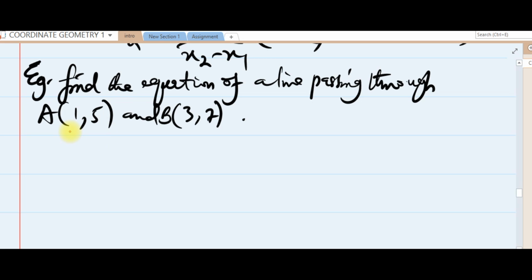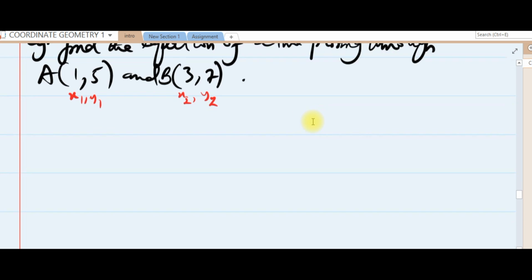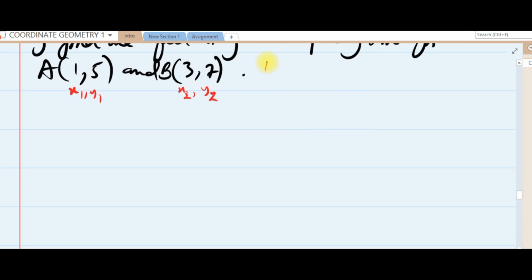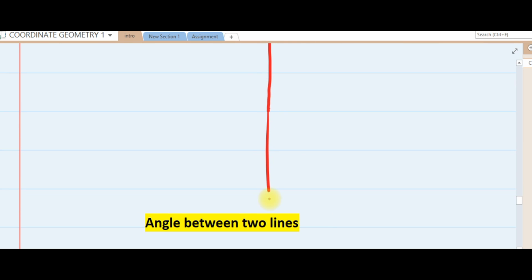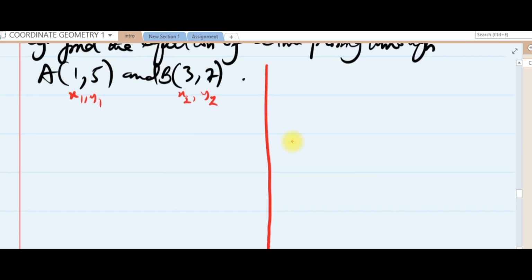Okay, let's call this x1, y1, this x2, y2. Let's check whether we'll get the same answer if you use the two points.